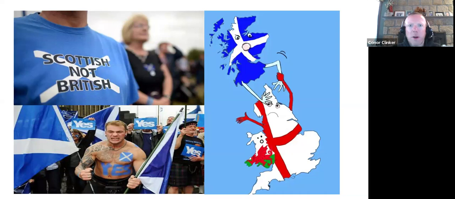If you want to look into this for a current event, in Spain, for example, there's a region of Spain that, similar to Scotland, wants to separate from the rest of Spain because they consider themselves distinct and unique and different from other Spanish people. So this is a constant thing throughout the world. Nations separating from other nations because they feel like they're their own separate, distinct thing.